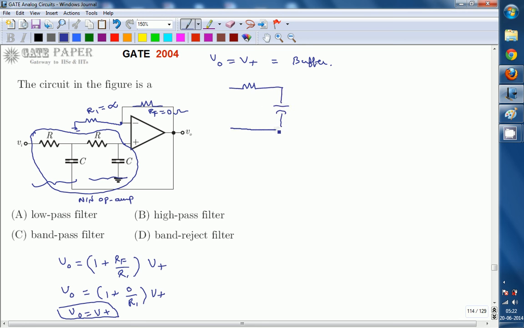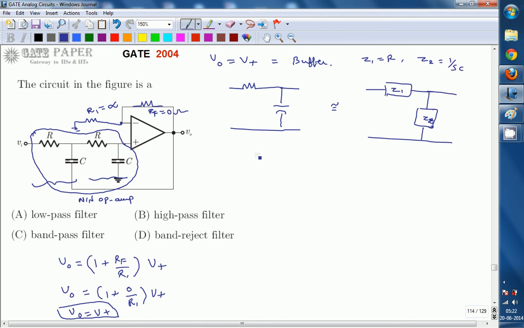This can be treated as, let us assume, Z1 and the next one is Z2. Z1 is R and Z2 is 1/SC.